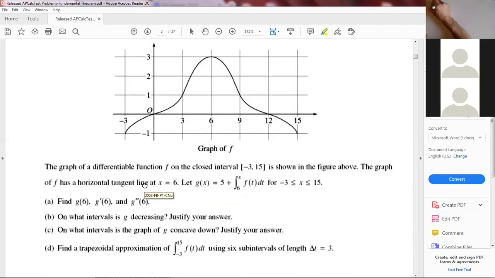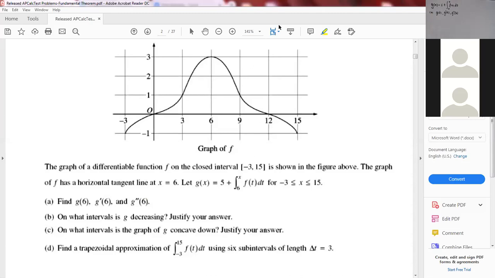So it's g of x equals 5 plus the integral from 6 through x of f(t) dt, okay? And then the first question requires that we find g of 6, g prime of 6, and g double prime of 6. Okay?